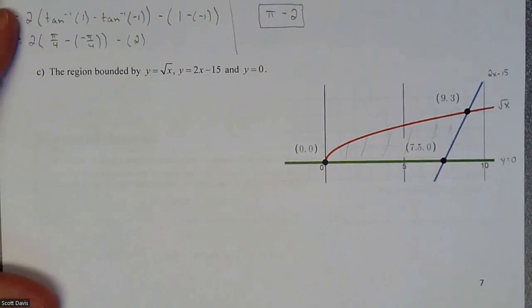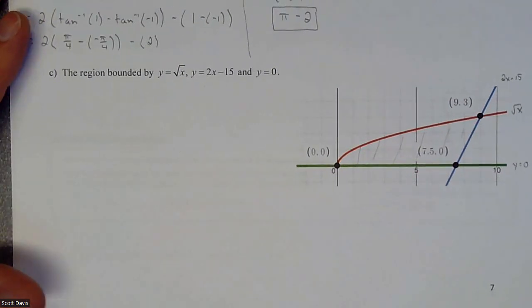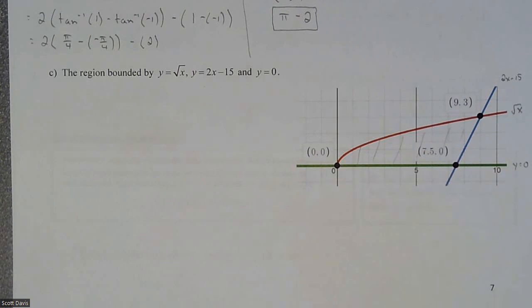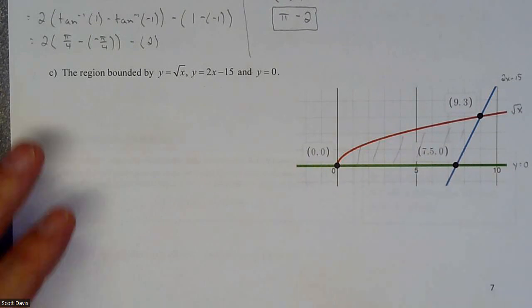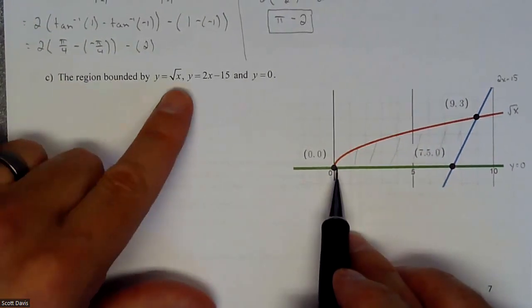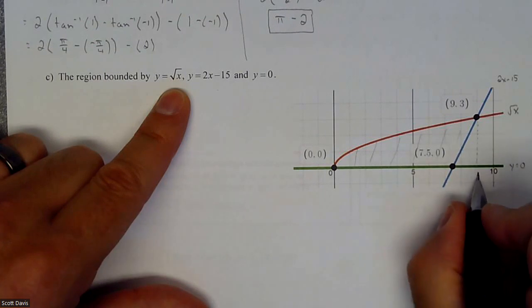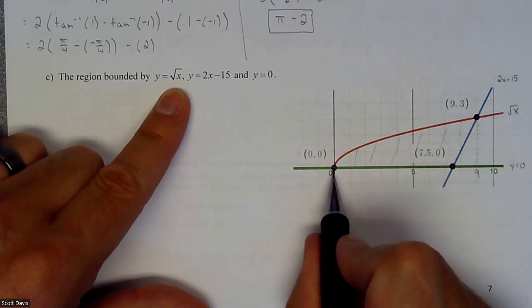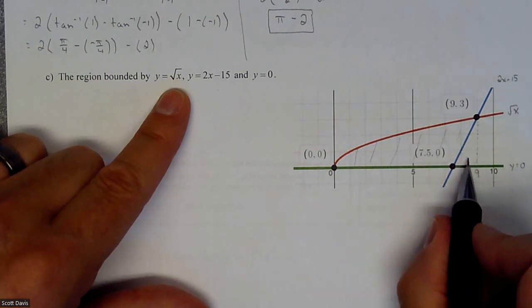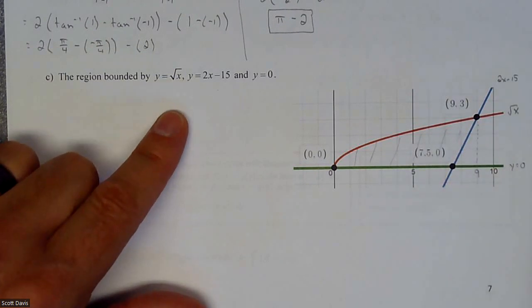Okay, so how do we go about doing this? Well, we can do a couple different ways of this. We could find the area of this whole thing, the red one, all the way out to this value right here, which is 9. So we can find the area from 0 to 9 and then subtract away the triangle right there.